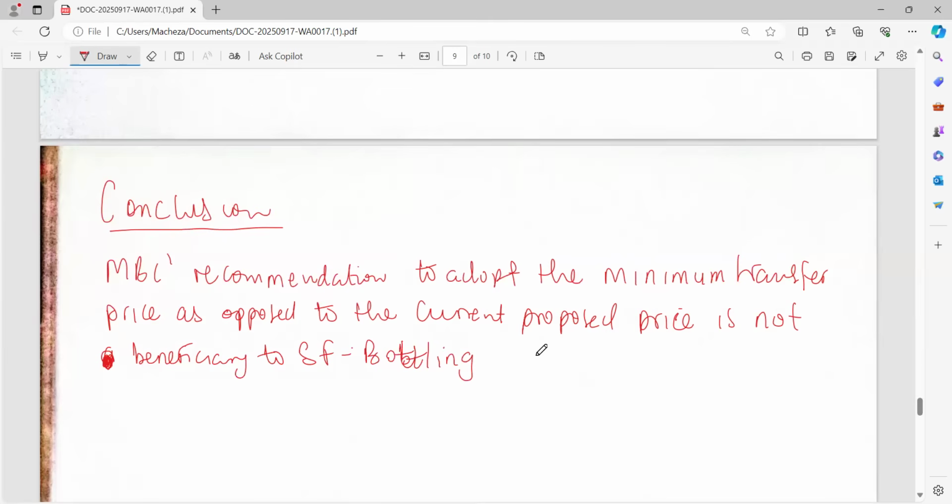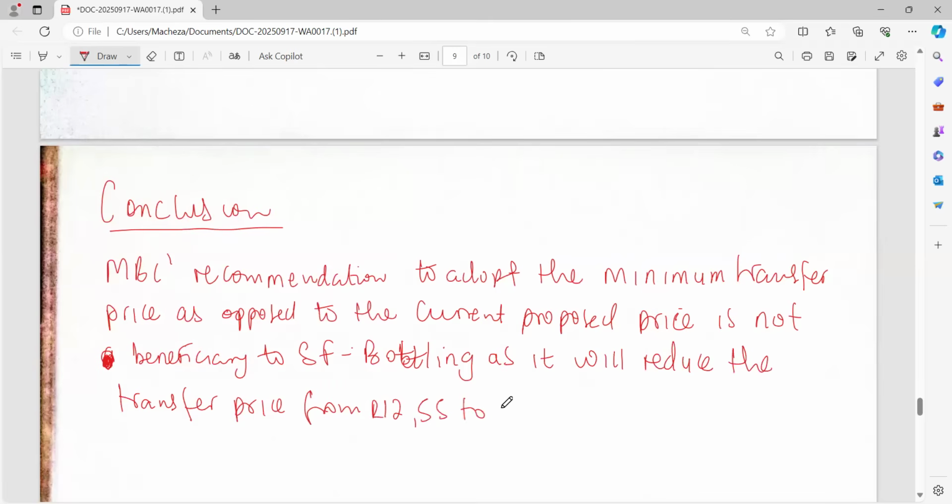It will reduce the transfer price from 12 rand 55 to 12 rand 33.